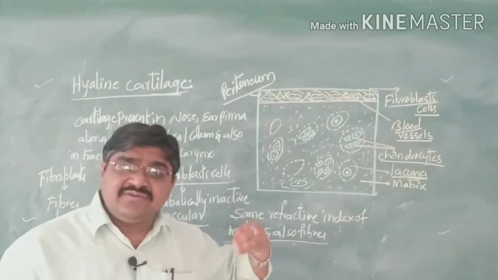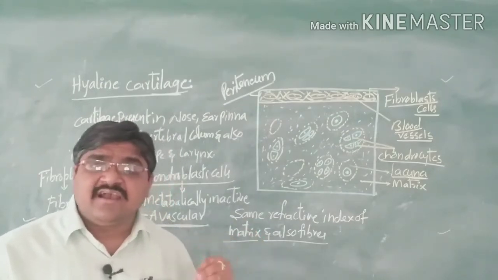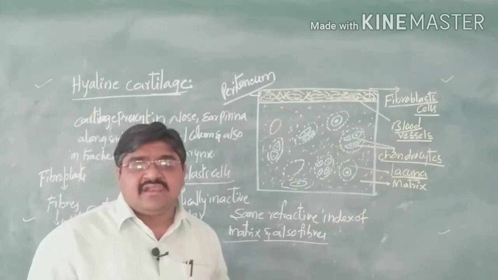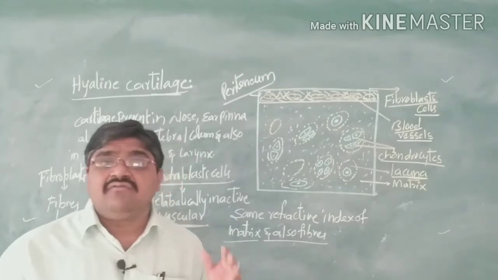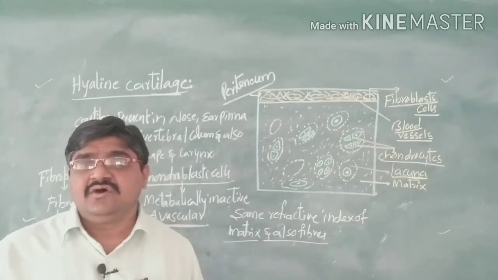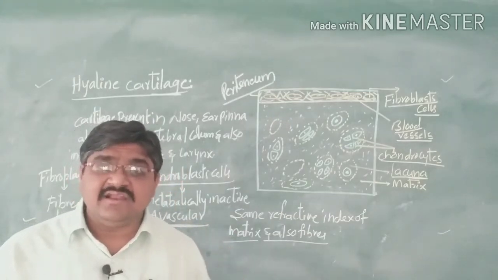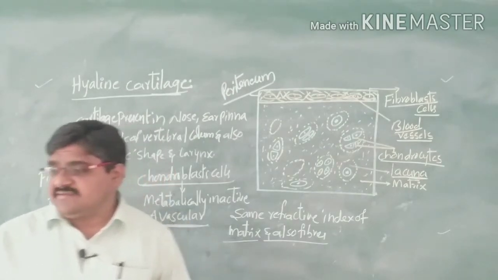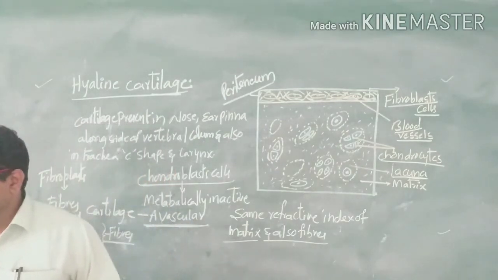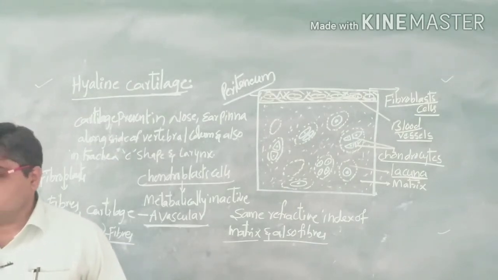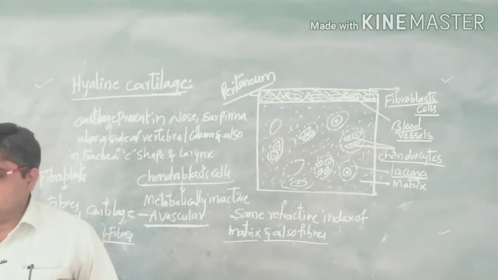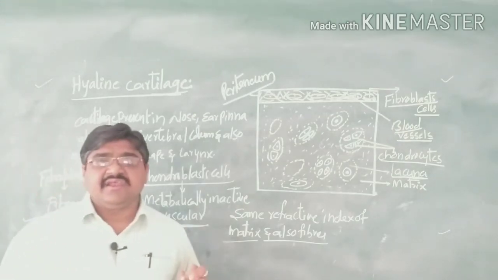The cartilaginous fishes also consist of cartilage, which acts as an endoskeleton in some vertebrates. Cartilage is also present between the bones, as well as in the sternum, the nose, the larynx, and also the trachea.